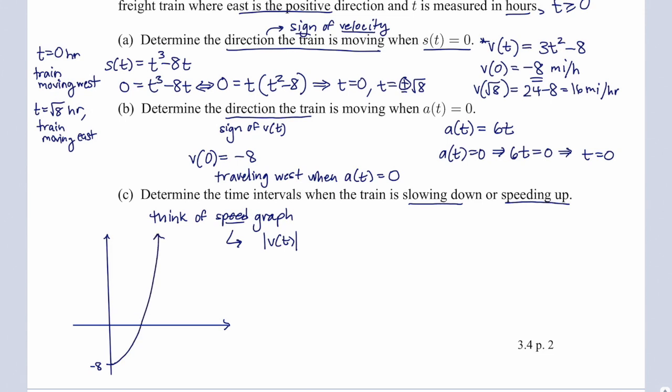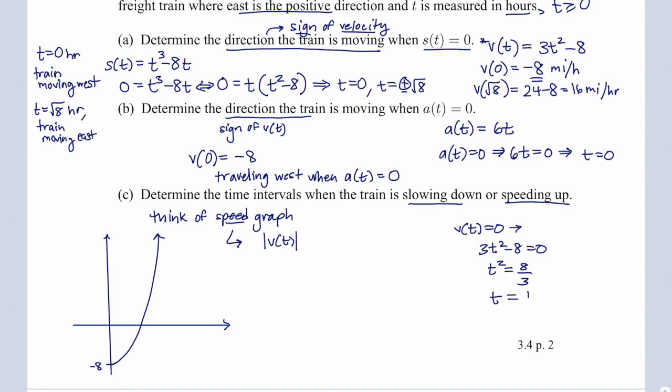And let's see, the velocity is going to be 0 when t is, what, positive or negative square root of 8/3. Let's find that. When is v of t equal to 0? That would be 3t squared minus 8 equals 0. So t squared is 8/3.